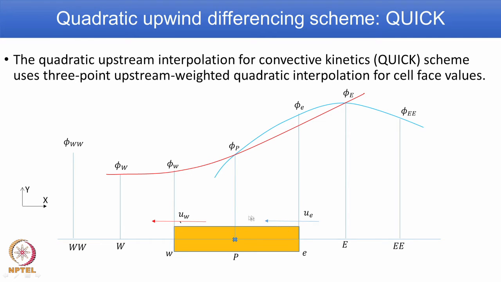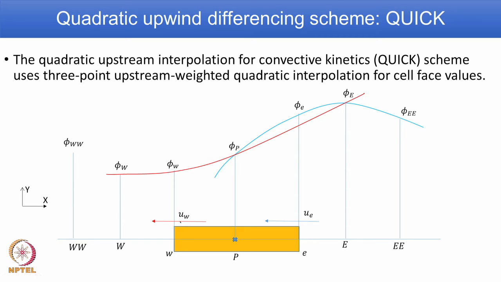So, these are the nodes available on either side for this face E, and one more extra node in the direction of the flow, that is EE. If you look at the quadratic fit, marked in this color, it runs through these three nodes, phi at EE, phi at E and phi at P.